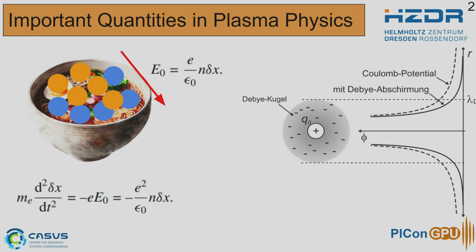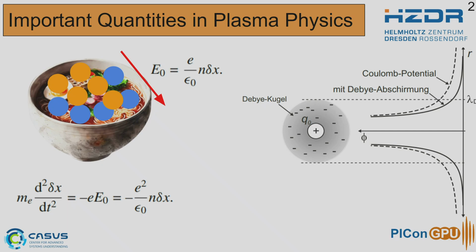And by linearizing Maxwell's equations, what you'll get is that this electric field is just proportional to the separation distance. But that, of course, also means, well, we have the electric field, let's just write the equations of motion, which is m times a is equal to minus e times the electric field, so minus charge times the electric field.